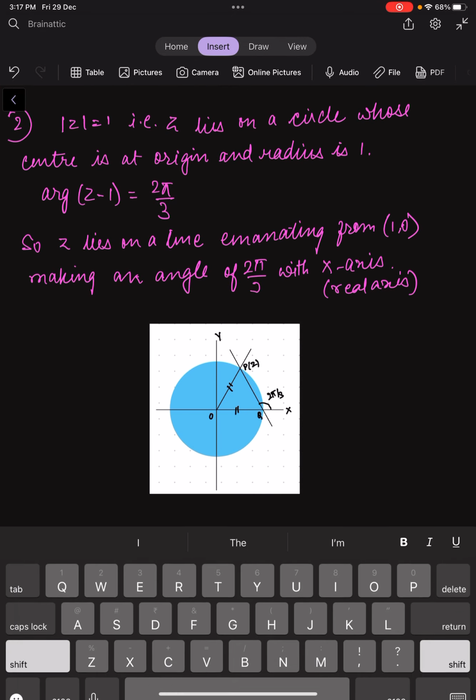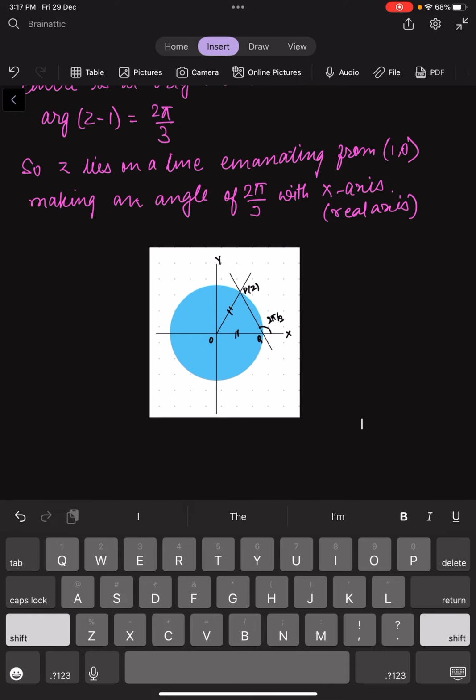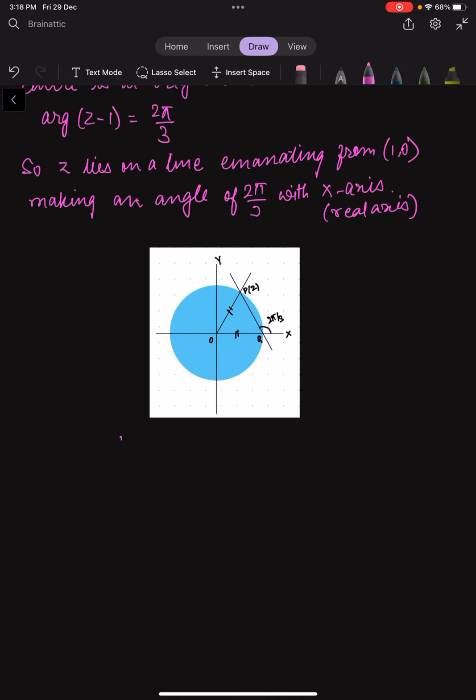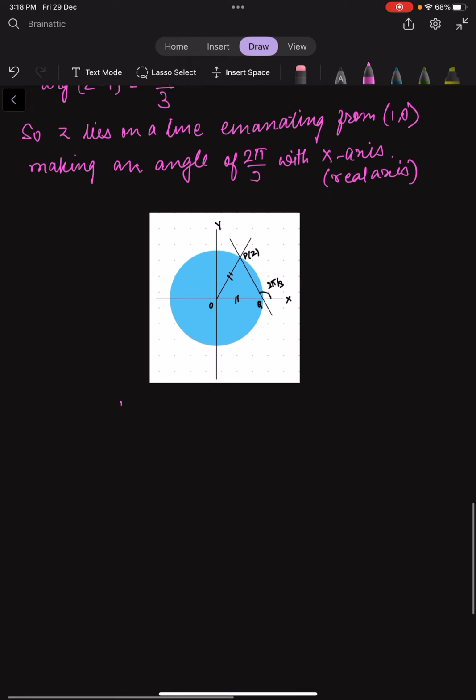So the diagram would look something like this. Here we have the circle amplitude Z equal to 1. There's a line PQ which makes an angle 2 pi by 3 with the x-axis and intersects at point P. So now we can say that angle PQX is equal to 2 pi by 3. This will imply that angle PQO is equal to pi by 3.